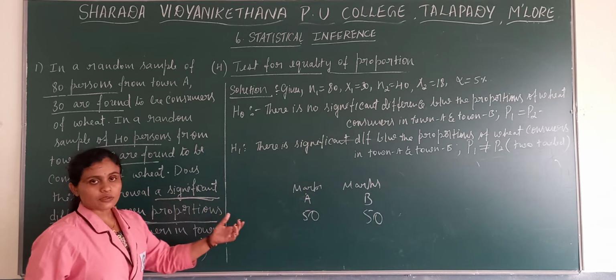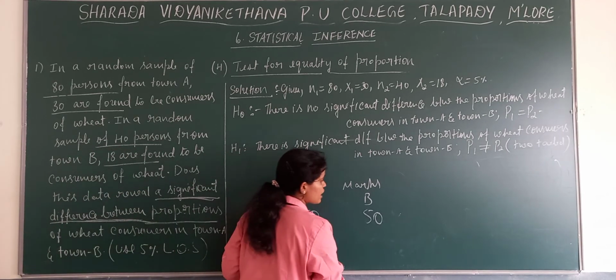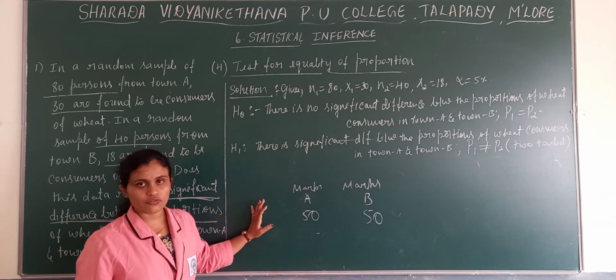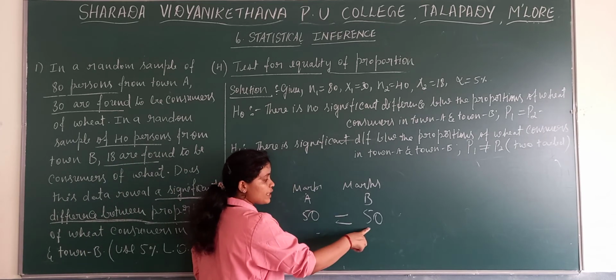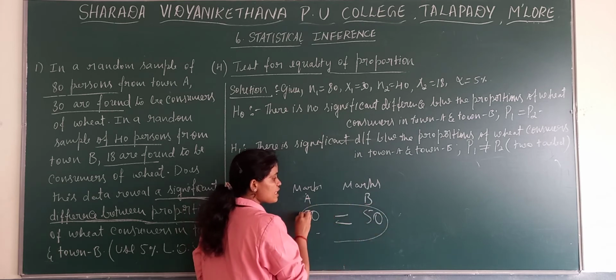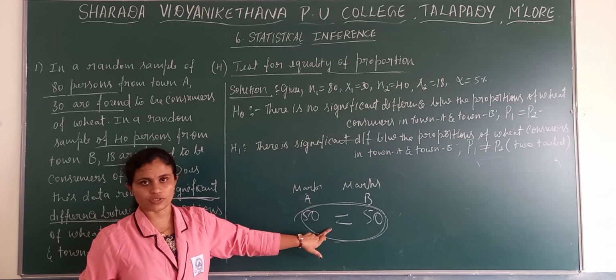Is there any significant difference? There is no significant difference. Why? Because it is equal, A and B. When it is equal, we can say that there is no significant difference.